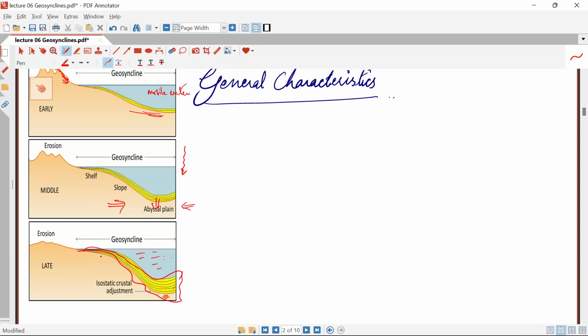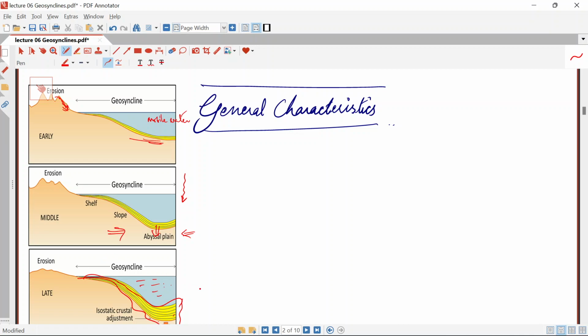So let's see the general characteristics of geosyncline. The first characteristic is that geosynclines are long, narrow, and shallow depressions of water.